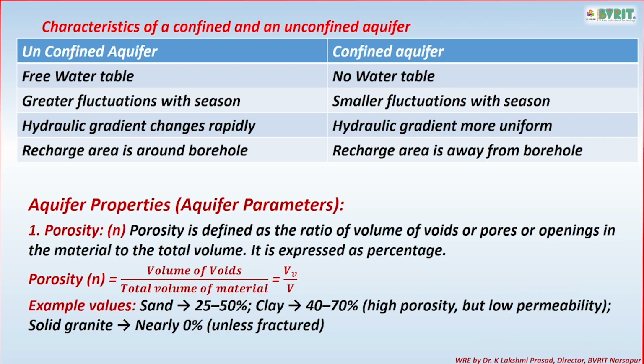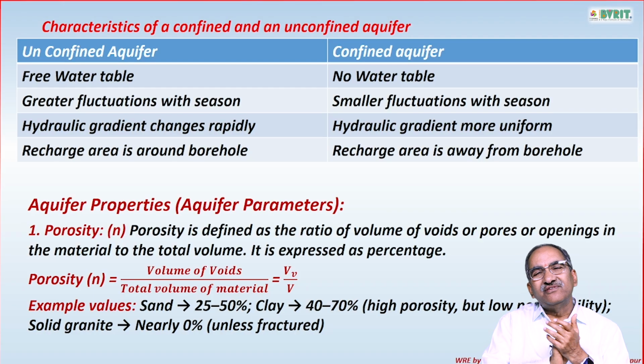Porosity is defined as the ratio of the volume of voids, pores or openings of the material to the total volume of the material. This empty space, the pore space or void space inside the soil structure, is what we call porosity.